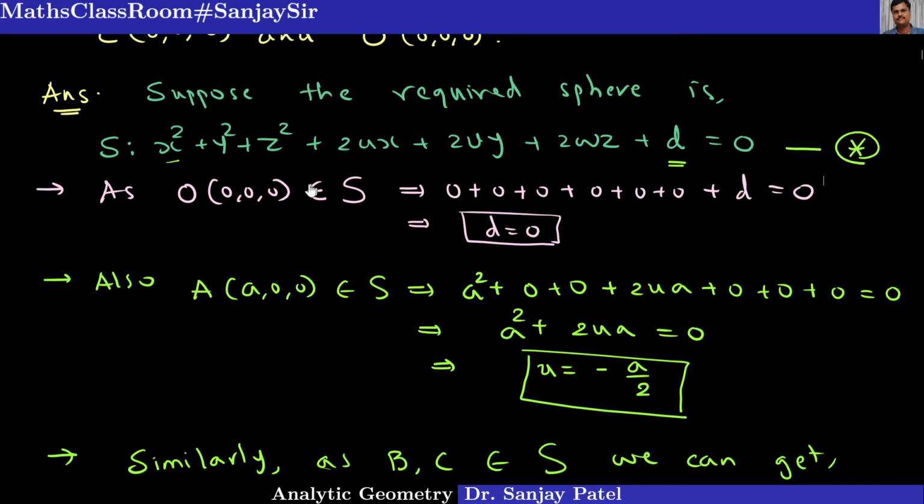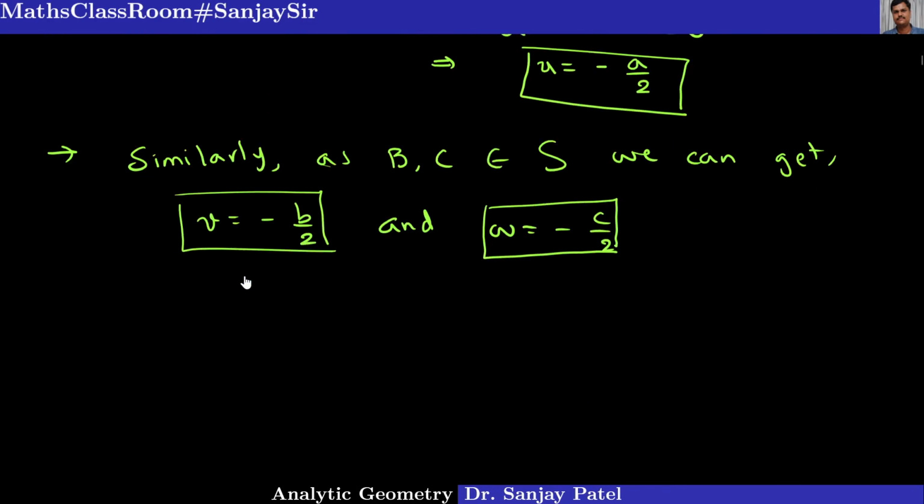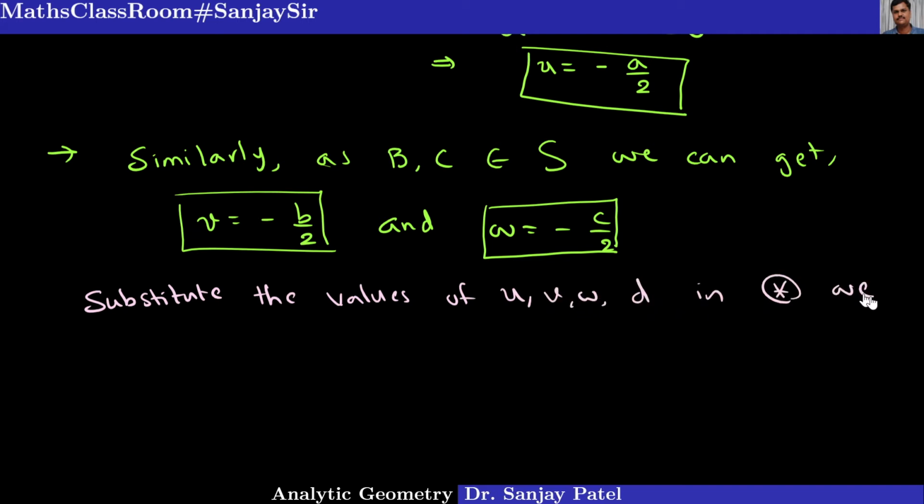So putting the values of u, v, w and d in star, we get x square plus y square plus z square, then minus 2ux, u is equal to minus a by 2, so we'll get minus ax, similarly minus by minus cz, and d is equal to 0, so we'll get only this equal to 0.